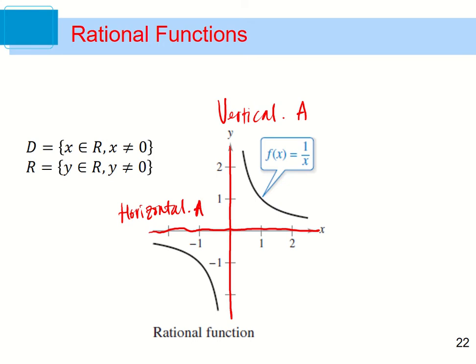An asymptote means that the graph will not cross the line. So this line serves as the boundary for the graph. The graph will not cross the y-axis, and the graph will not cross the x-axis on the other side as well.